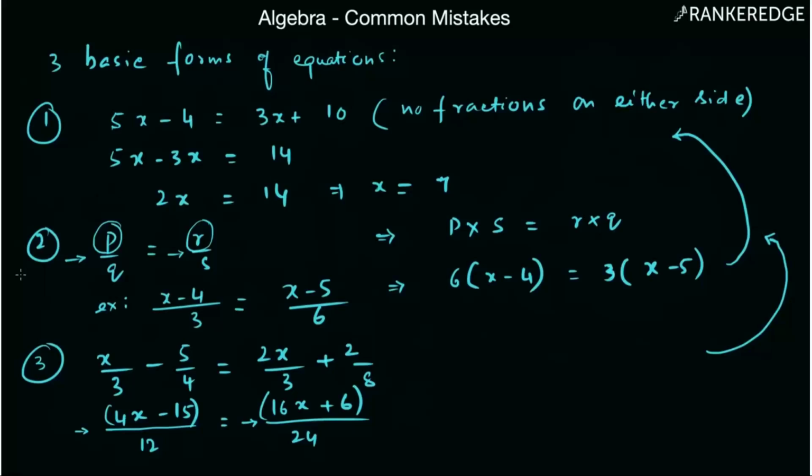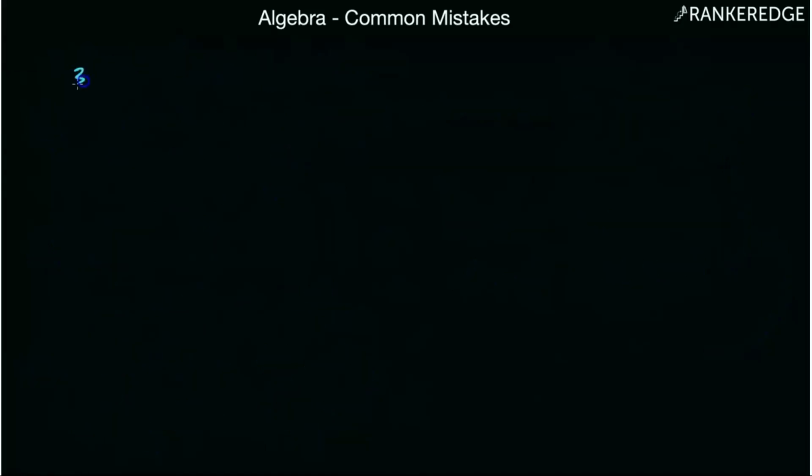After looking at these three basic forms of equations, let's look at some of the common issues that we encounter. Example, let's say 3x minus 4 by 2. If there's a fraction like this, how do you simplify this first? Can I write this by striking off 4 and 2 like this, and write it like this, 3x minus 2?